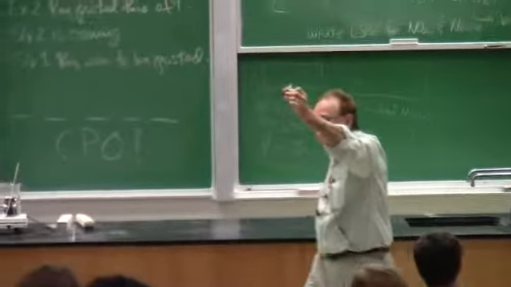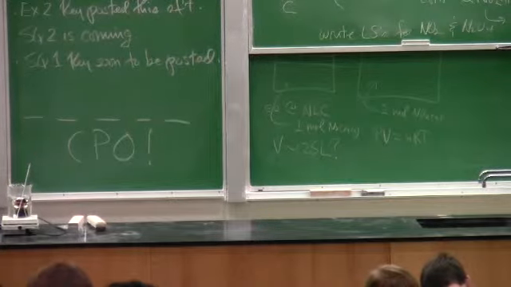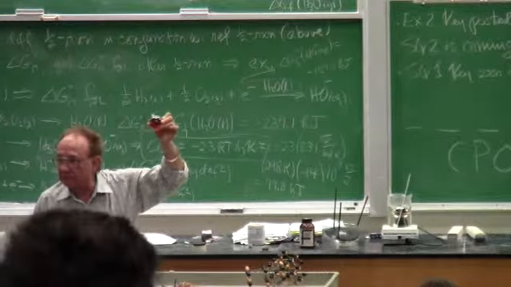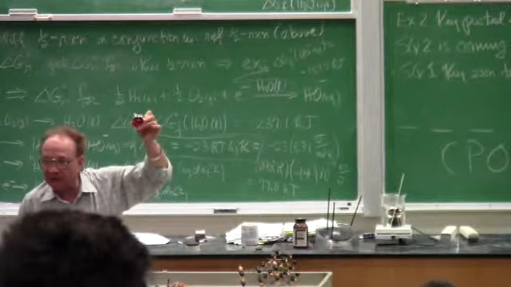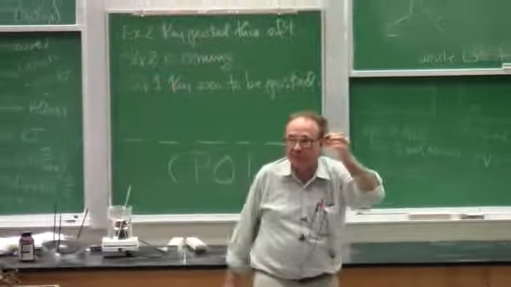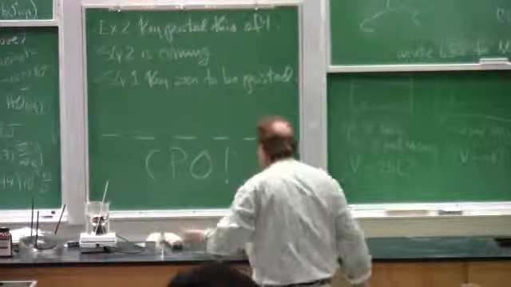What's going to happen? By adding heat, do I increase the tendency for bonds to form, or do I increase the tendency for bonds to break? Bonds break. Well, breaking is going this way. So if I add heat to this system, should the brown color get more intense or less intense? More intense. Let's take a look.